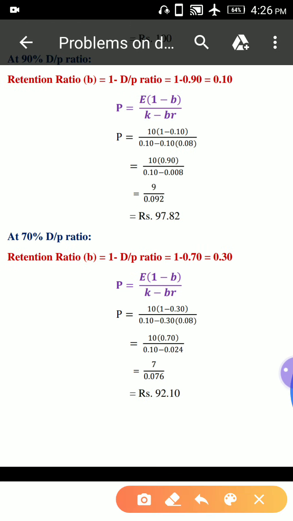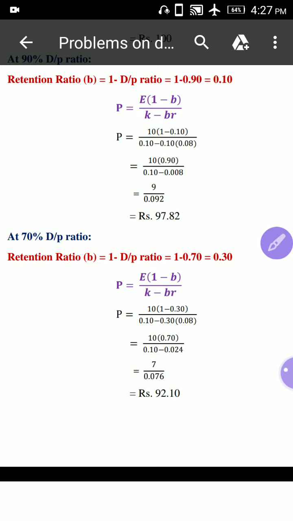At 70% dividend payout ratio, the retention ratio is equal to 1 minus the dividend payout ratio, that is 1 minus 0.70, equal to 0.30. Now P is equal to E 10 rupees into (1 minus b), b means retention ratio 0.30, divided by K 0.10 minus b 0.30 into 0.08, that is r.